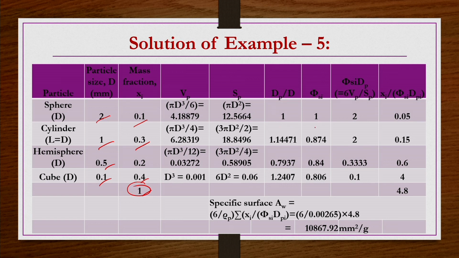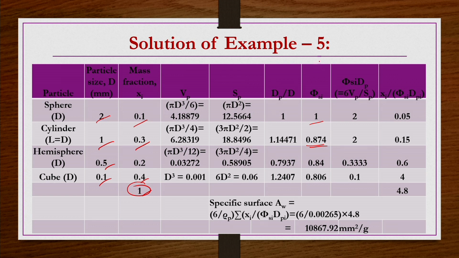Then dp by d, if you do that, you will get it here. For the cylindrical particle, we equate the particle volume to the volume of a spherical particle whose diameter is dp, and then use the sphericity definition. You get 0.874; we have already calculated this.